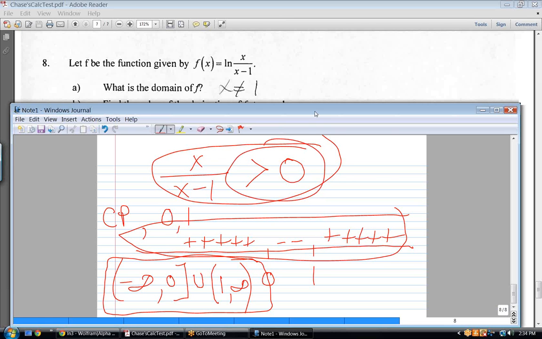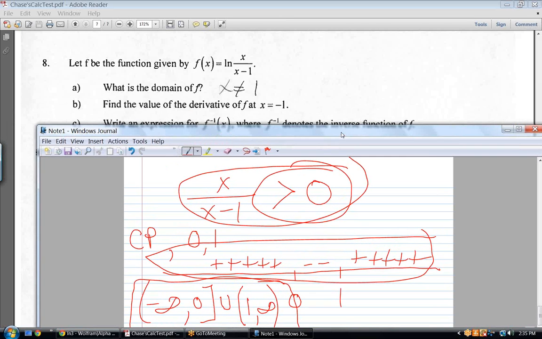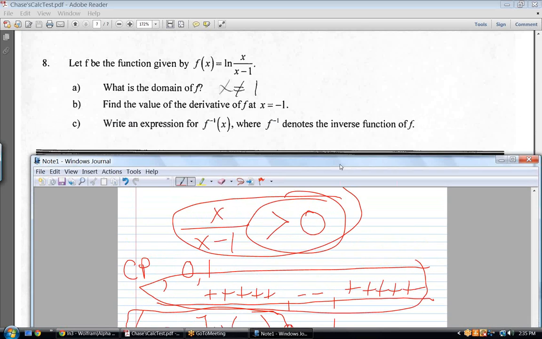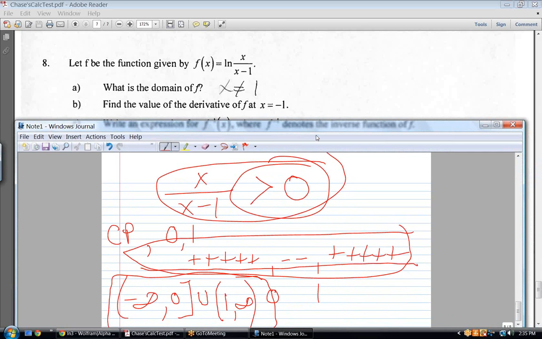Okay, so for the domain, that's the domain. Find the value of the derivative. Well, we know how to take the derivatives of this. We can figure out how to take the derivative, substitute minus 1, and evaluate it.